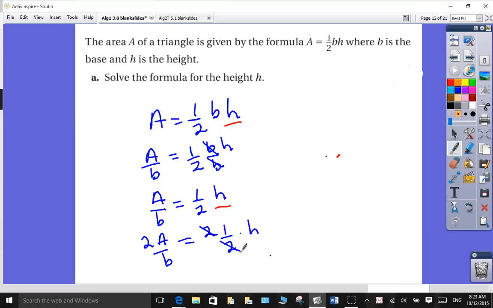That's why we do it. And what's left is that H equals 2A over B. So that would make H a function of A and B, because it's solved for H.